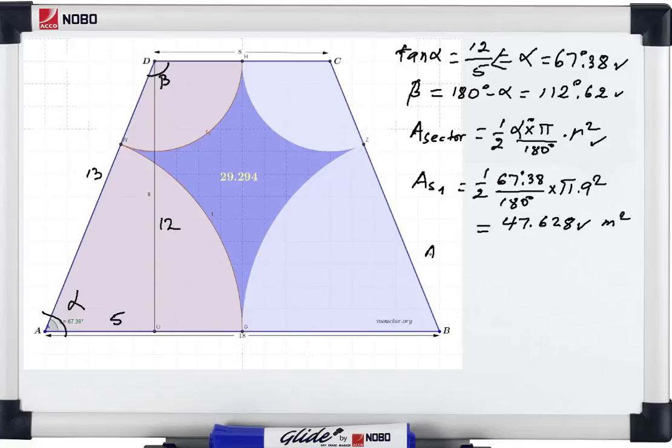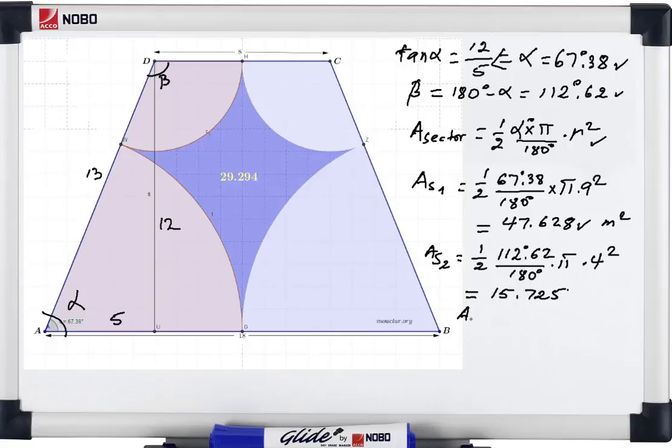And the area of sector 2 will be the same type of idea. It will be 1/2 of 112.62 over 180 times pi times 4 squared. That should give us an area of 15.725.